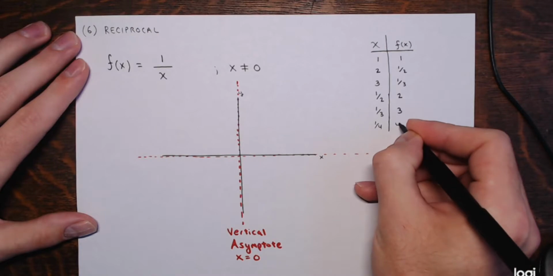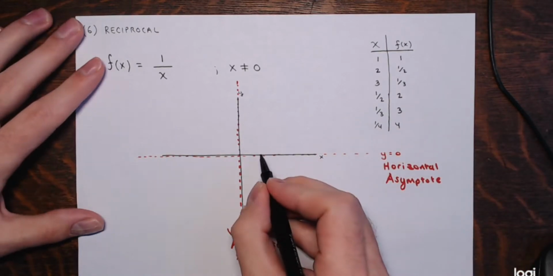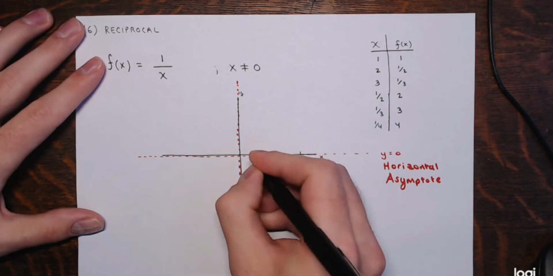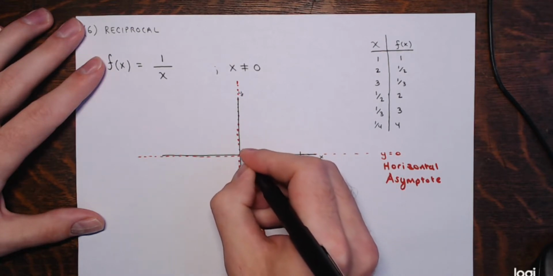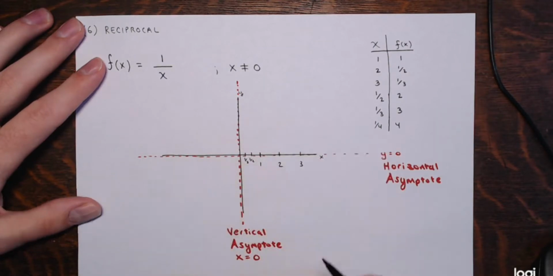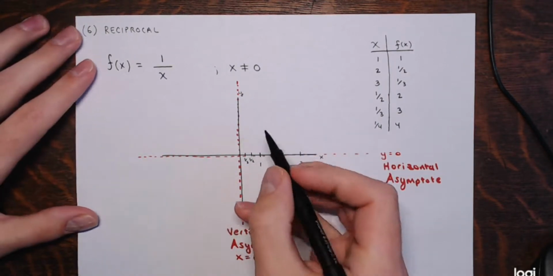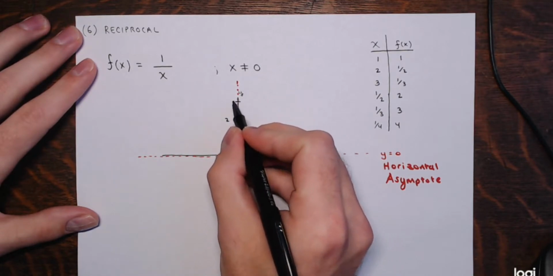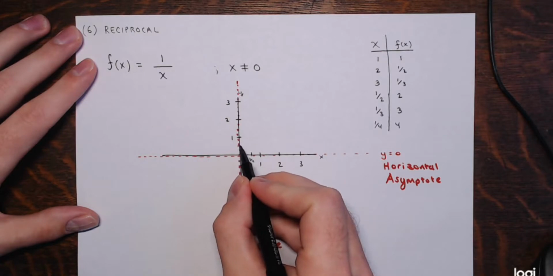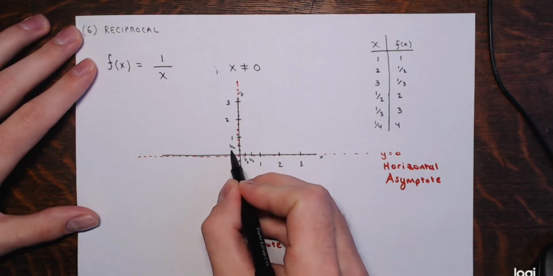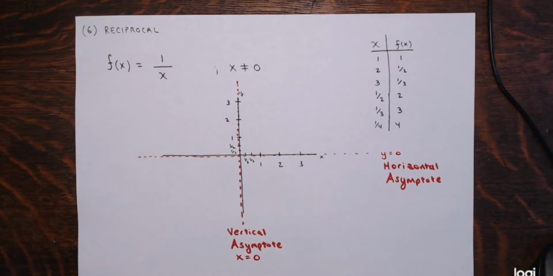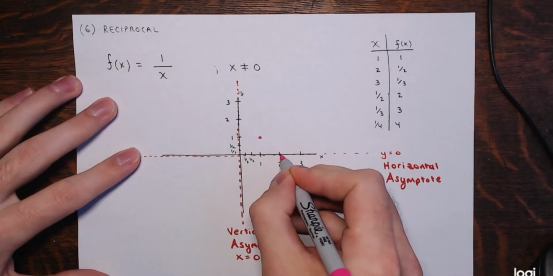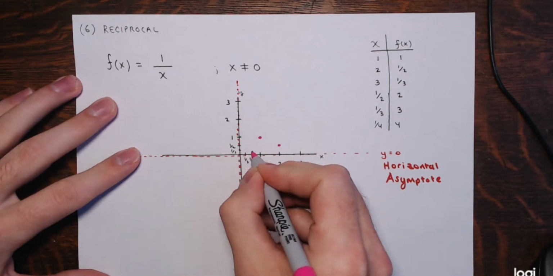So you see, say here's 1, 2, 3, and then you got a half, a third, and so on, a little tiny. Then here's 1, 2, 3 on the y-axis, and then here's a half and a third on the y-axis, and you get these points. Again, the reciprocal of 1 is 1. Reciprocal of 2 is 1 half. Reciprocal of 3 is 1 third.